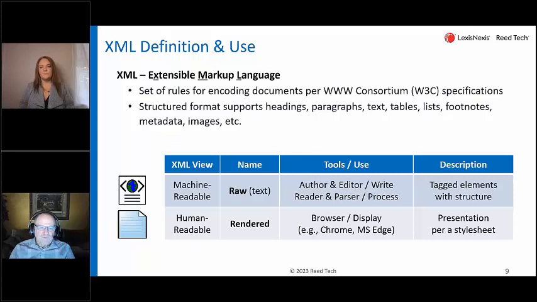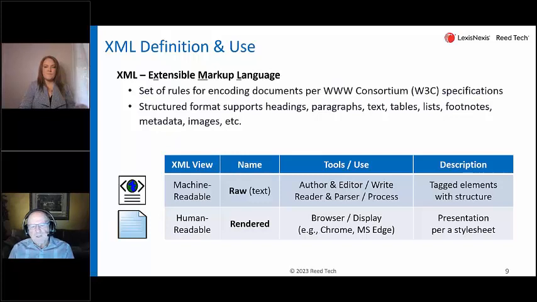Now, one thing that is different about the XML format that you don't have in Microsoft Word is two different views. So the actual machine readable version and the human readable version is separated. There are some different tools for those particular views. You might hear the term raw text or rendered, which would be for the machine and human respectively.